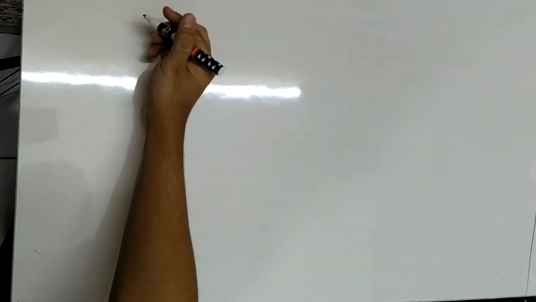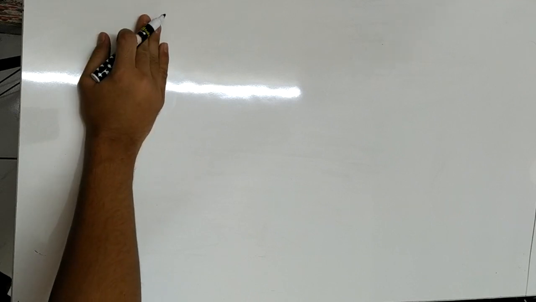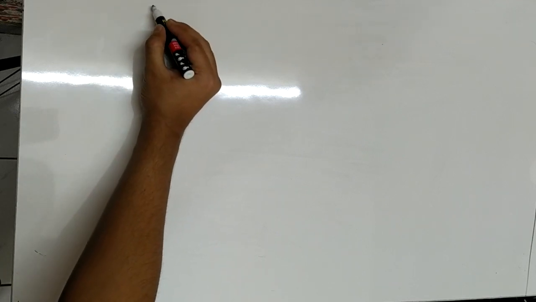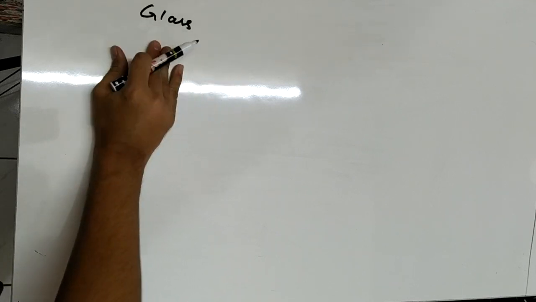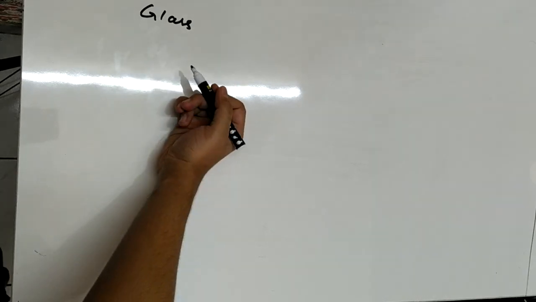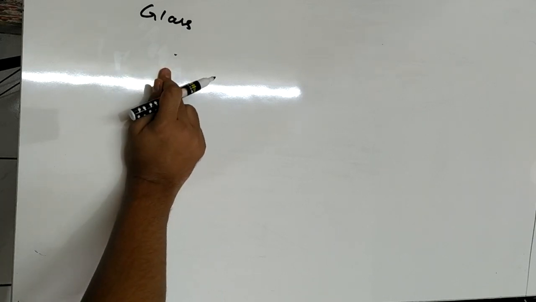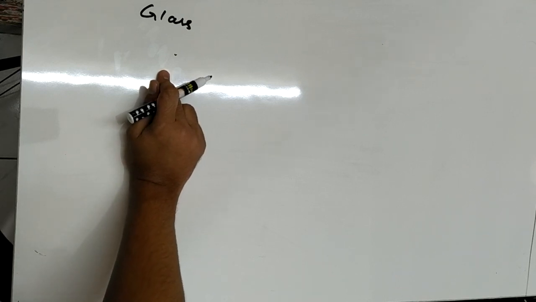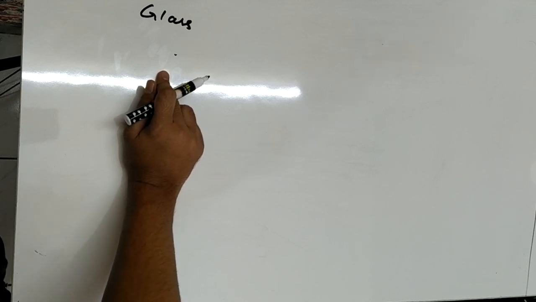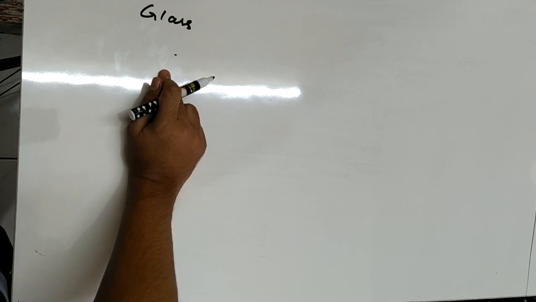For example, if we want to know the refractive index of glass, with respect to what? We need one simple reference, because we can find refractive index with respect to water, oil, air, anything. If I just tell you the refractive index of glass is 1.4, you should be able to understand that it is with respect to air only.